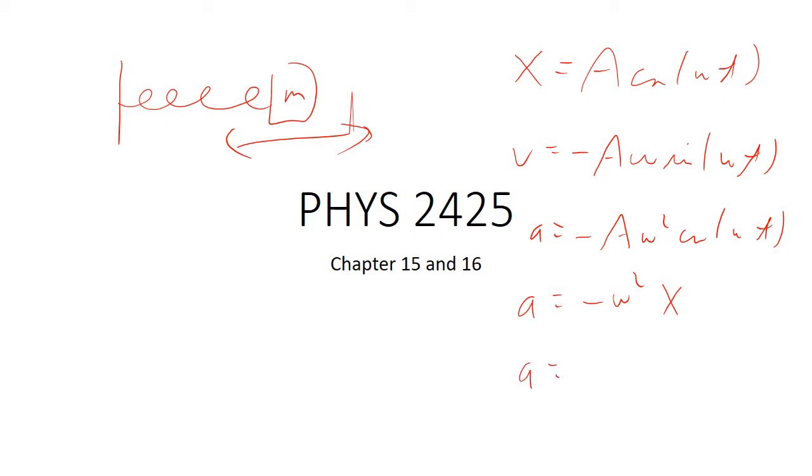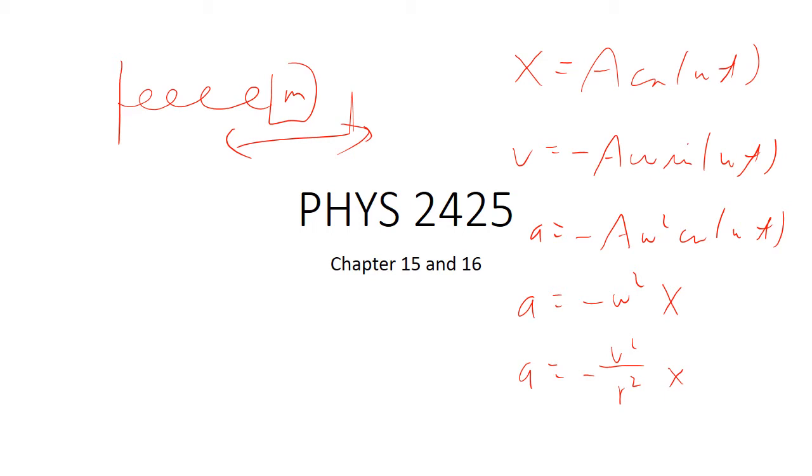Omega is v over r, so that means this is v squared over r squared x. And so you look at that and think about it and say, well, wait, let's stop and think about this just a moment. Okay, and so x is going to be like your r.